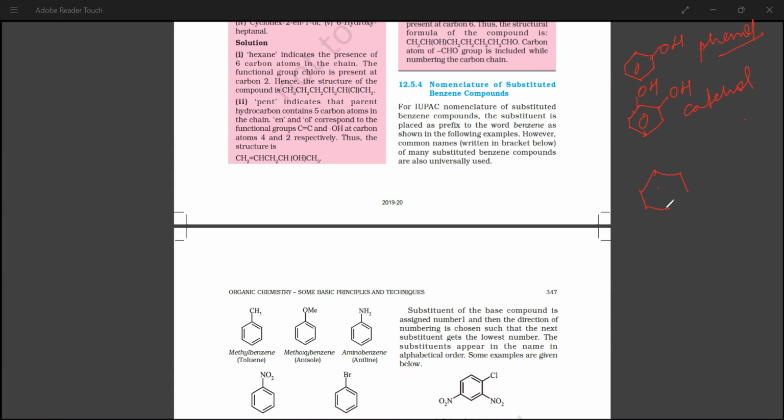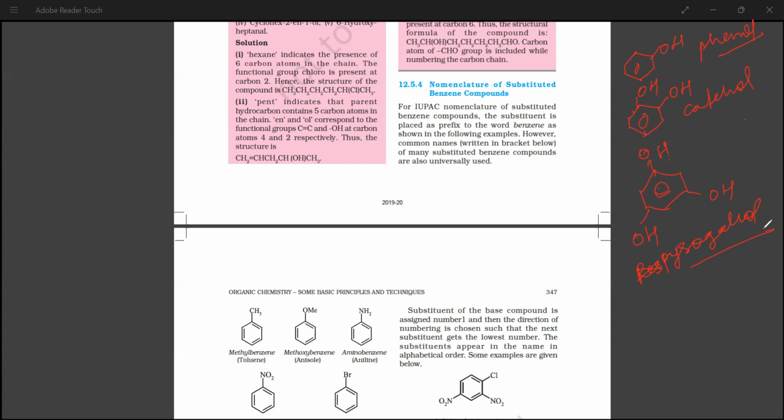And if it is on first, third, and fifth carbon atom, then it will be known as resorcinol. Sorry, not resorcinol, pyrogallol.